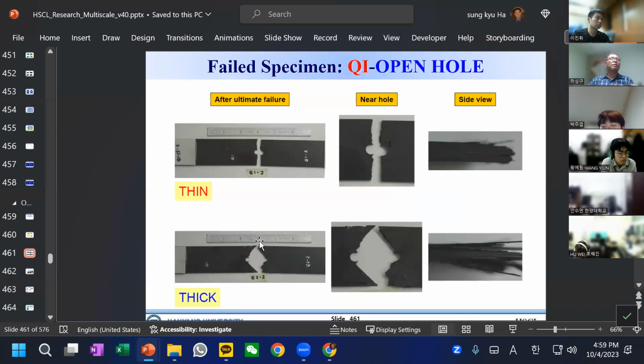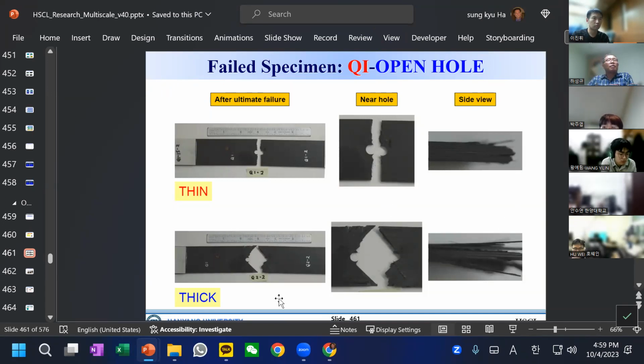Thin and thick have quite different failure modes. The thin is almost vertical, and the thick is like plus minus 45. Of course, this is the 0, 90, plus minus 45 behavior.